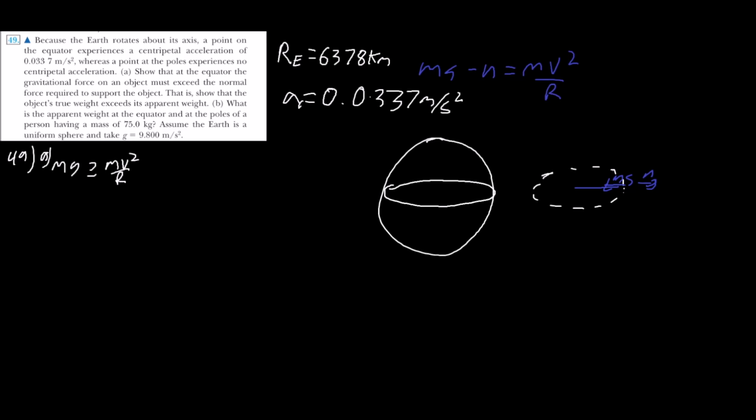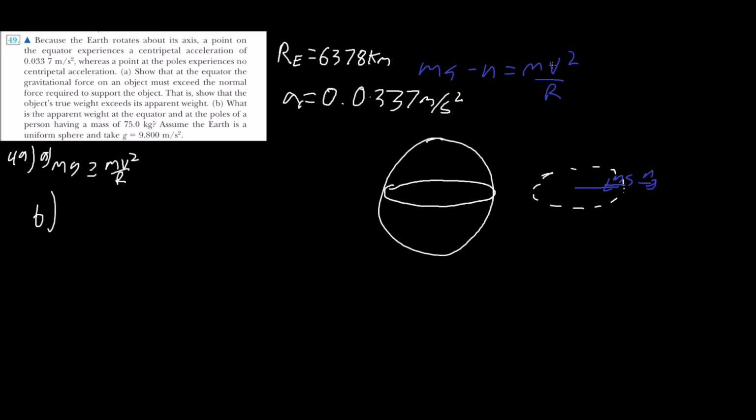All right, so let's do part B. We're almost done anyways. What is the apparent weight at the equator and at the poles of the person having mg? Well, let's just say that v is 0.